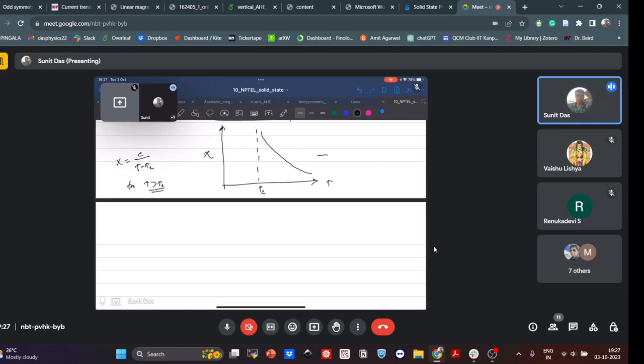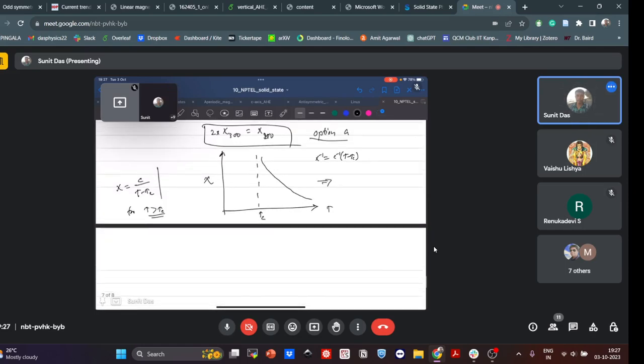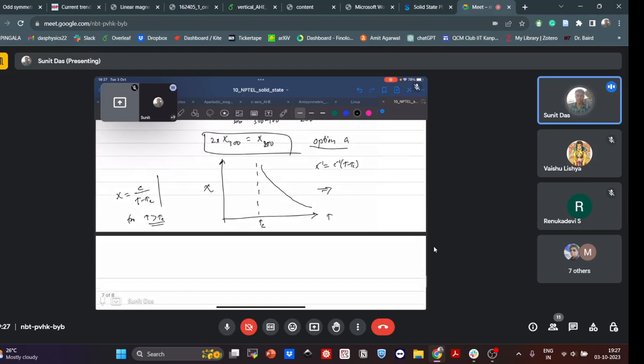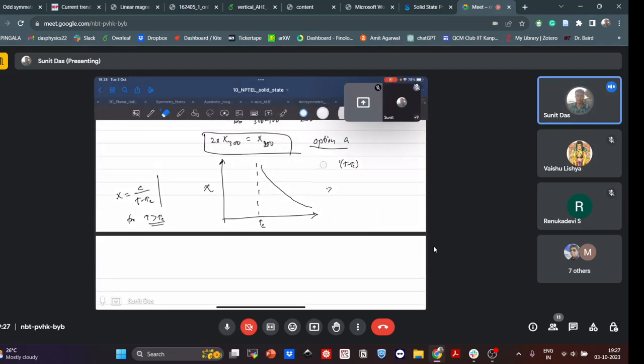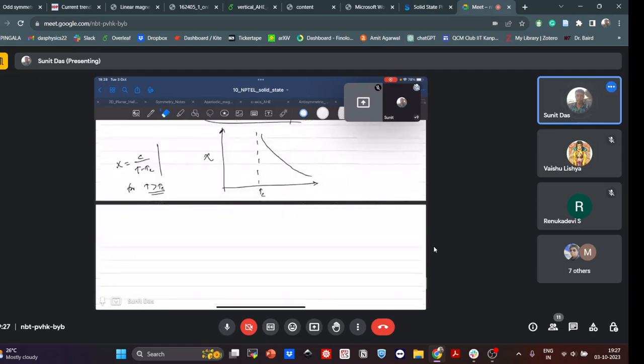Then if we plot the inverse, 1 by chi, chi inverse equals C inverse into T minus Tc. This is becoming congested, so let me move to the next page.